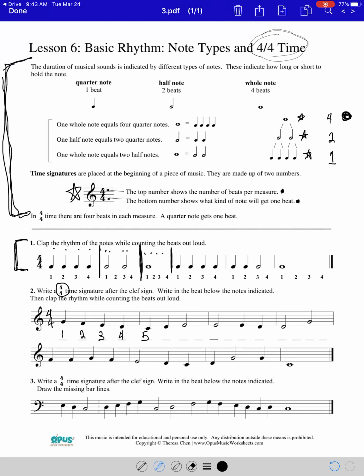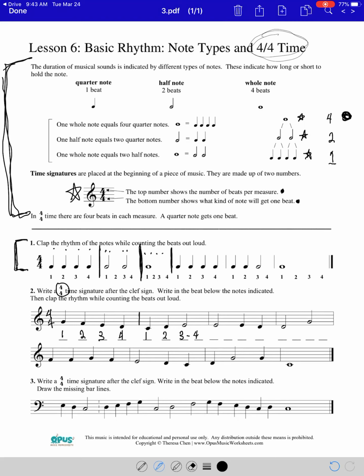Now some of you might put that this is beat 5, however you would be very, very wrong. That is not beat 5 because we have a bar line here. So after every bar line we start back over at 1, 2, and then this gets 2 beats, so this I say is 3 and 4. I put a little line in between them to show that they're connected.